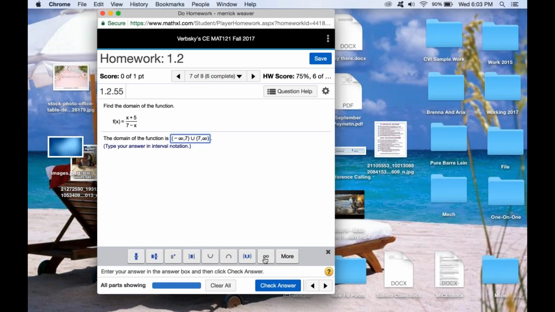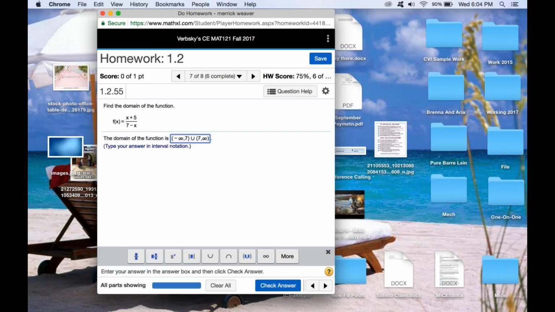Right paren. Okay. Now, let's talk about interval notation. What we're saying here is basically all real numbers except 7. The way to describe that with interval notation is we always go from negative infinity as our starting spot, and we can go up to 7, but not including 7.